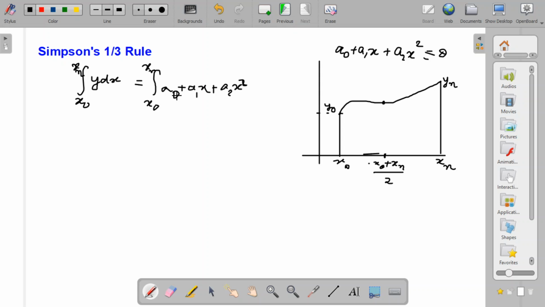Now, when you substitute all these a0, a1, a2 values and solve, a number of numerical steps have to be followed before getting the final expression, and I'm not going into those details.